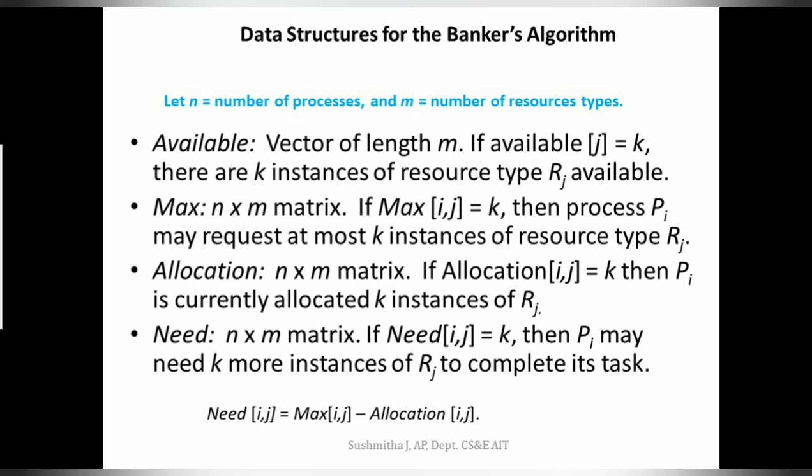Now, what is the allocation matrix? Among the maximum required, how many resources are currently allocated to that process gives us the allocation matrix. That is, in the resources A, B, C, how many instances of that are currently allocated. Need matrix, it is obvious.